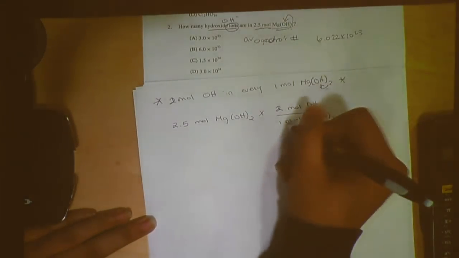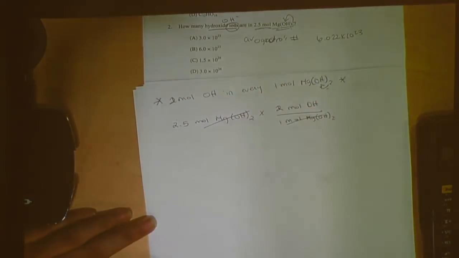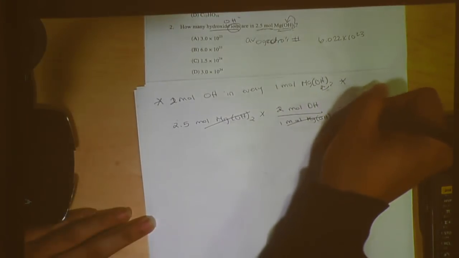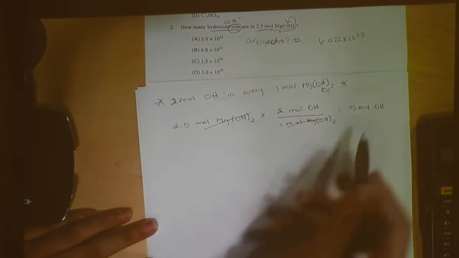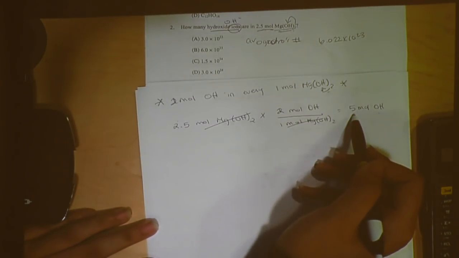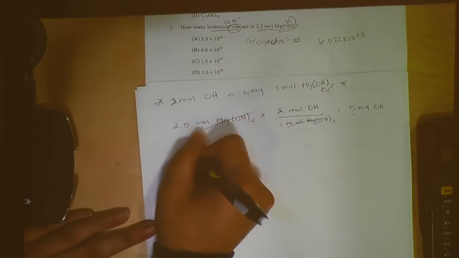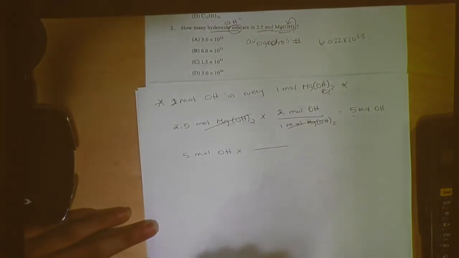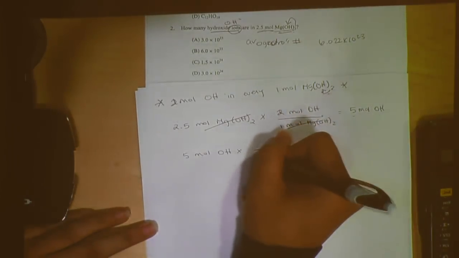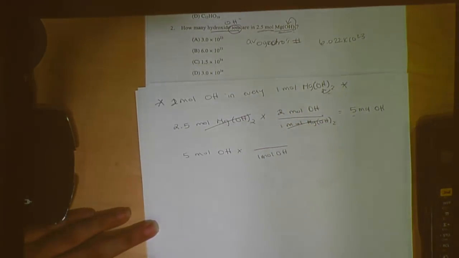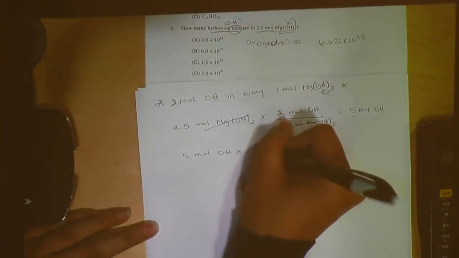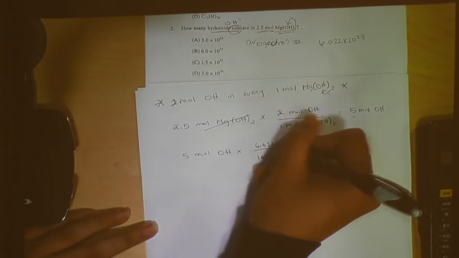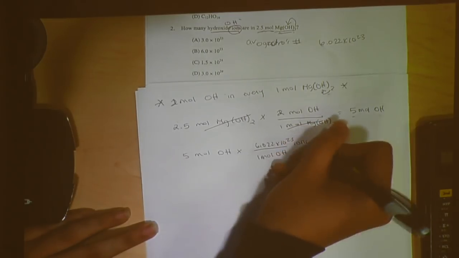So the mole Mg(OH)2 cancels out with the mole Mg(OH)2, and I'm given 5 moles OH, right? 2.5 times 2. So now I want to use this and get it into ions. So 5 moles OH times 1 mole OH has Avogadro's number, which is 6.022 times 10 to the 23 ions.